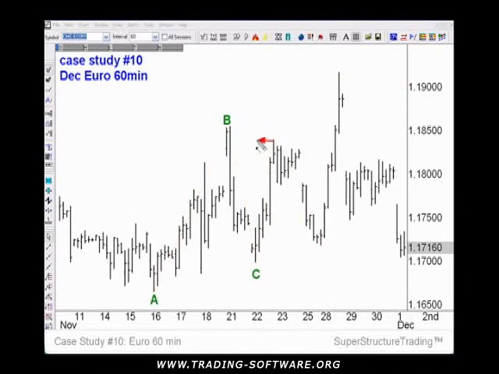Now let's compare time ranges. First, we see that this time range is wider the second time around over here. However, this one is about the same. We have to use this one here, this low here. So that one's about equal. The fact that this one is wider is not that big of an issue when this formation is there to support and break up this wider time range.